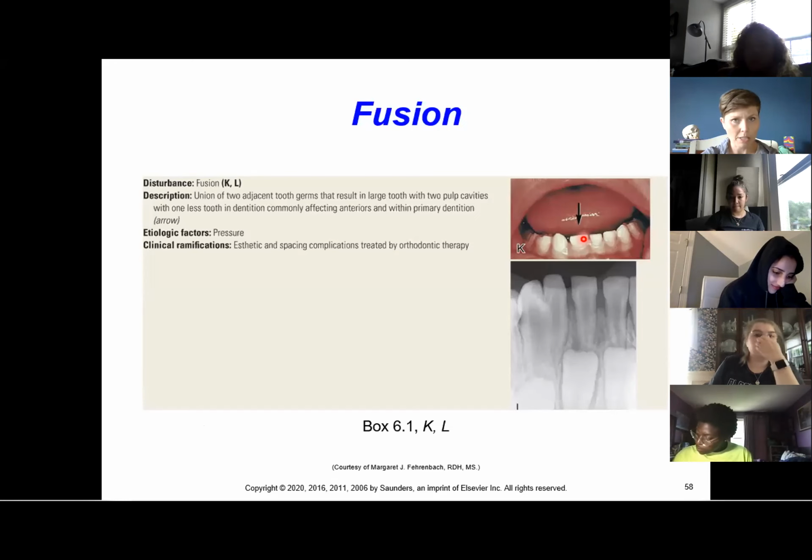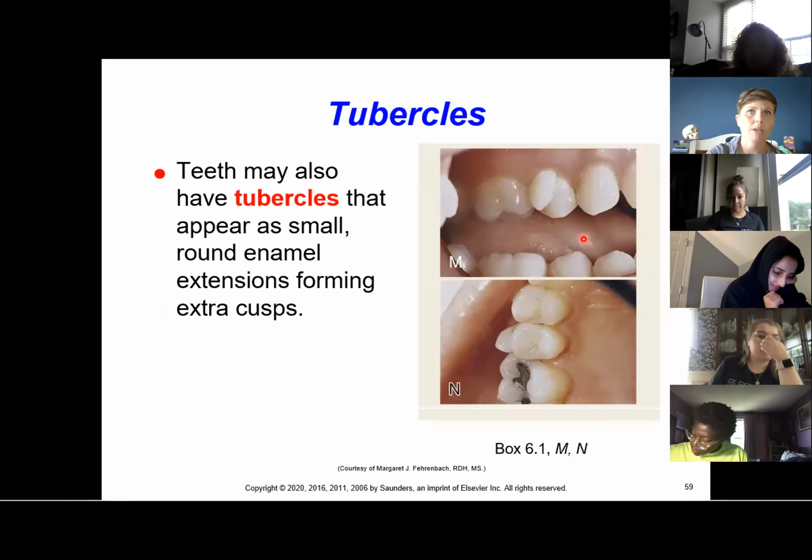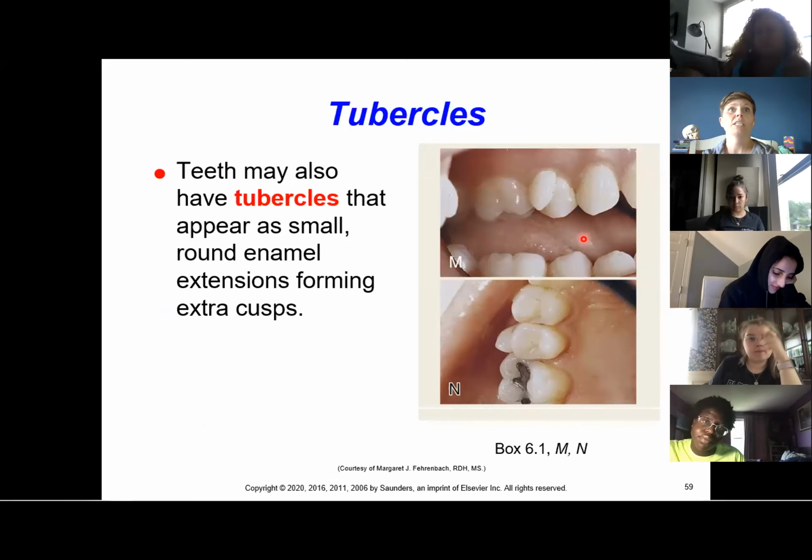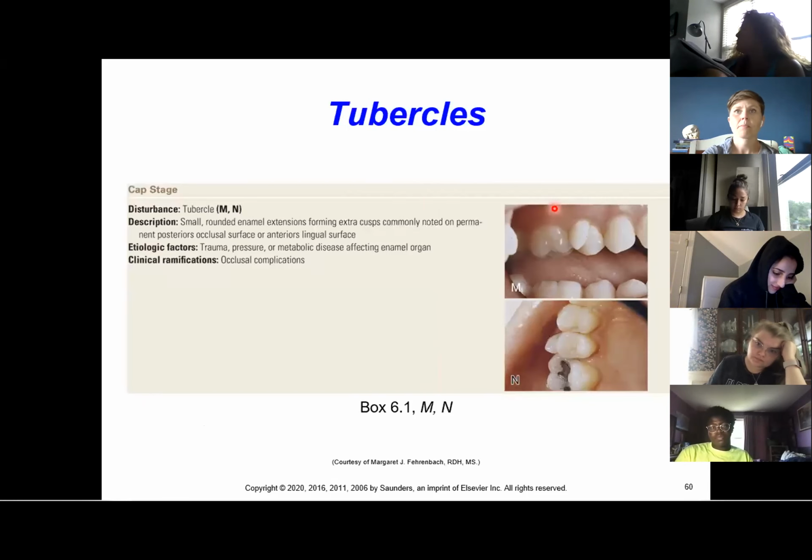Most of the time you really can't tell this without an x-ray. And then your tubercle, which is an extension or an extra cusp that you sometimes get on teeth. So you can see this premolar has an extra cusp.